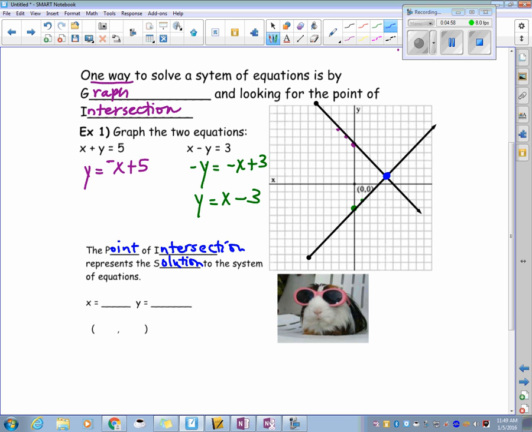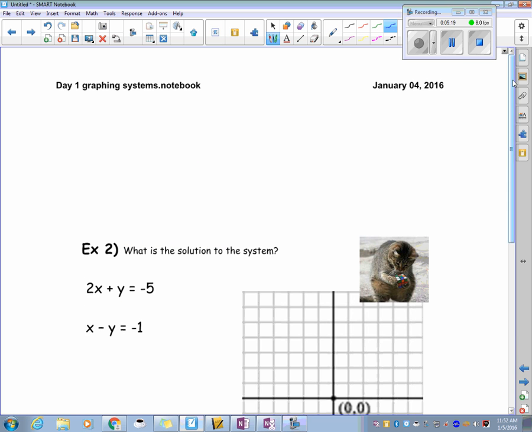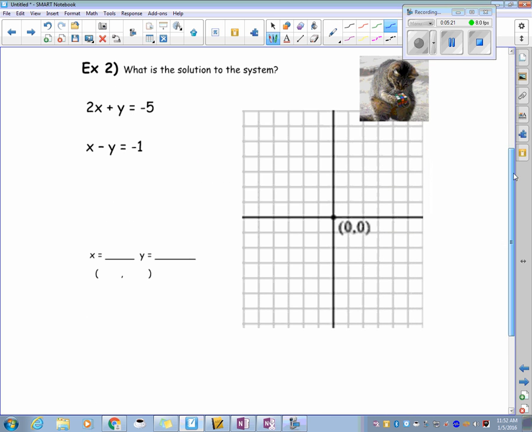So you can see that x is 4 and y is 1, making the ordered pair (4, 1). All right, moving right along. Example 2. Let's find the solution to this system.